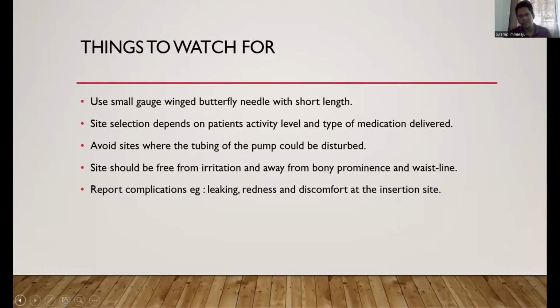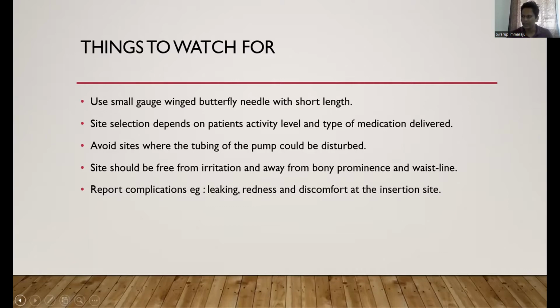Keep this in mind whenever you fix the port, and look for any changes happening, and report complications like leakage from the site, redness, and discomfort at the injection site. If the patient feels a lot of pain or you see a lot of redness over that area, you may have to change the port, which means that it is hurting him.